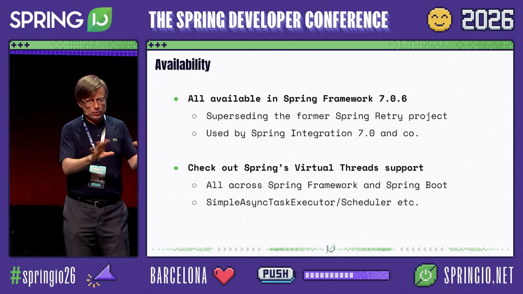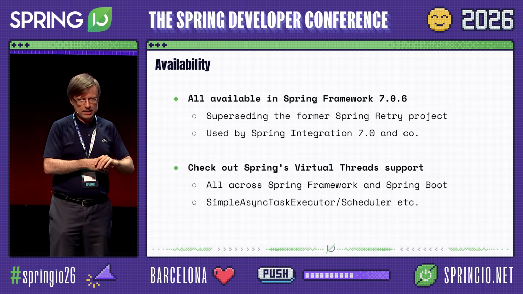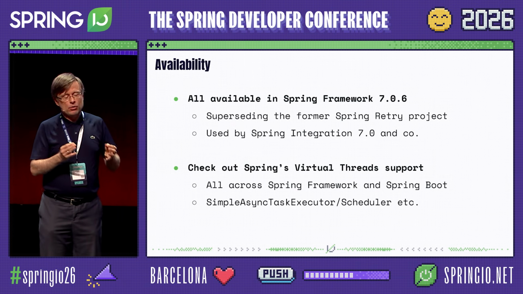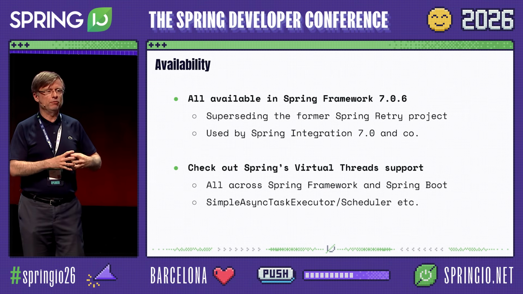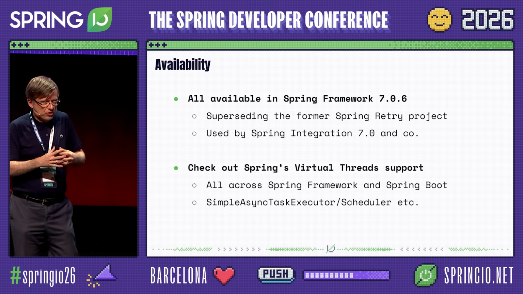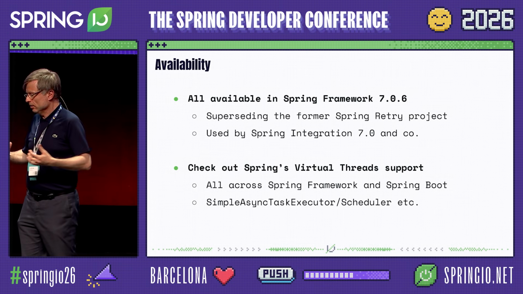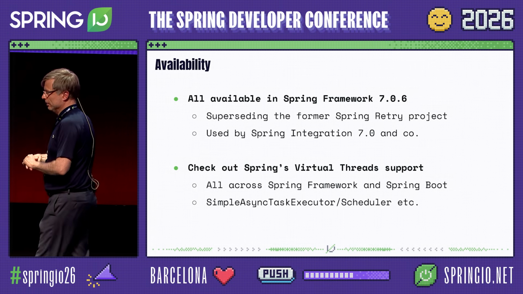You can use all those facilities, simple async task executor, even the retry management, even the concurrency limiting. You can use all of this with regular platform threads. It's just not going to scale as much, right? You're going to block a platform thread, right? You get operating system level blocked threads through it.